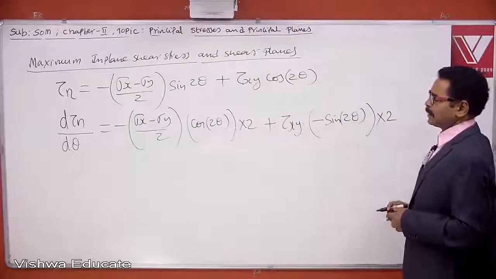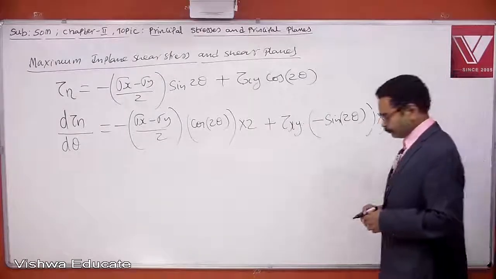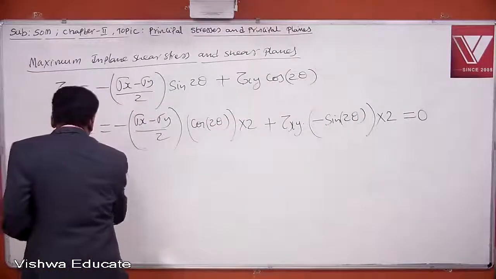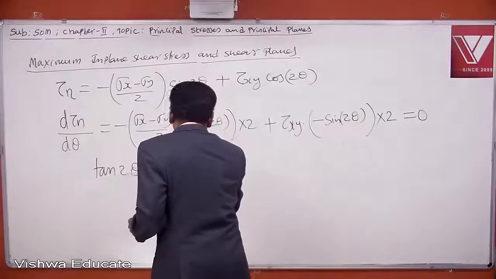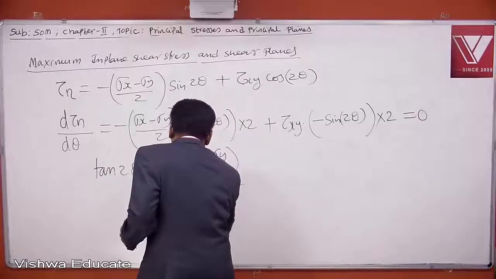At the highest value of tau n, its differential should be 0. From this expression, I can write tan 2 theta is equal to minus of sigma x minus sigma y by 2 by tau xy.